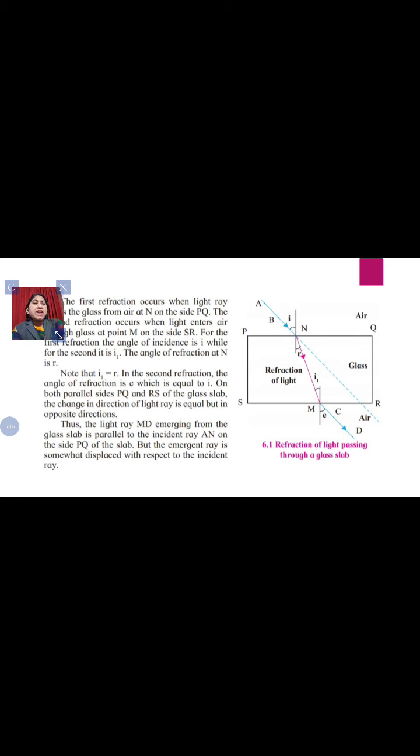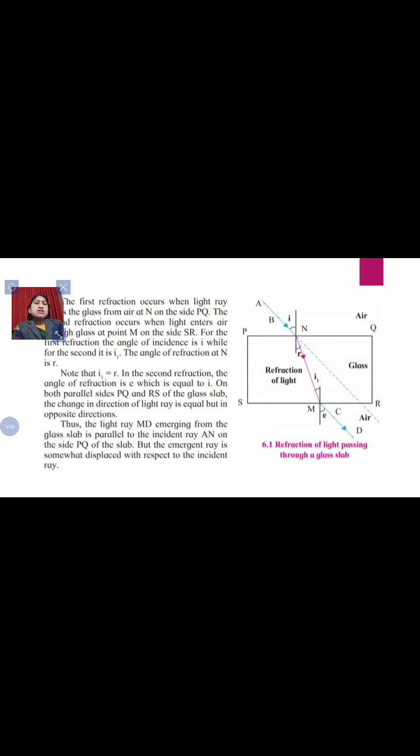In the second refraction, see here, on the outer side of the slab, the angle of refraction is E, which is equal to I, the angle on the upper side of the glass slab.